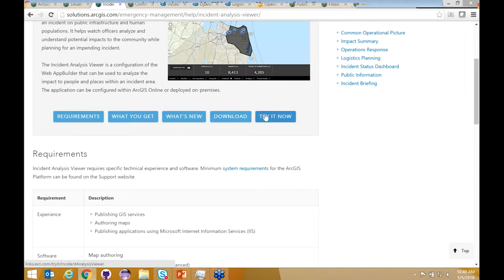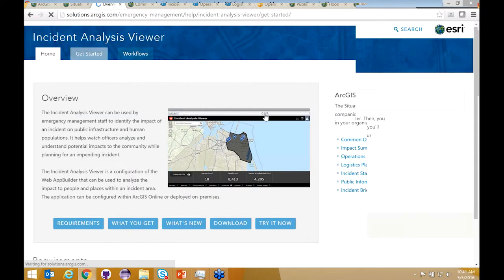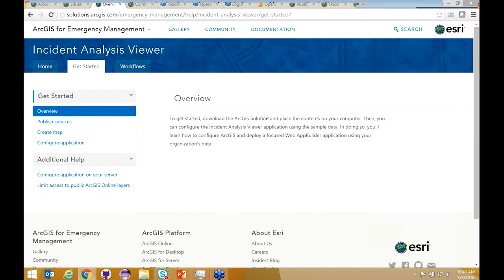There's a Try It Now, so you can exercise the applications just as I did in explaining them to you all, and then we walk you through how to get started. And this same structure for the overview to get started in the workflows is consistent across all of those applications. So I would encourage you all to check it out. It's a very tangible thing. You can exercise our Try It Lives. You can stand them up on your own, with the sample data, and then ultimately our hope is that you'll deploy them in your environment.